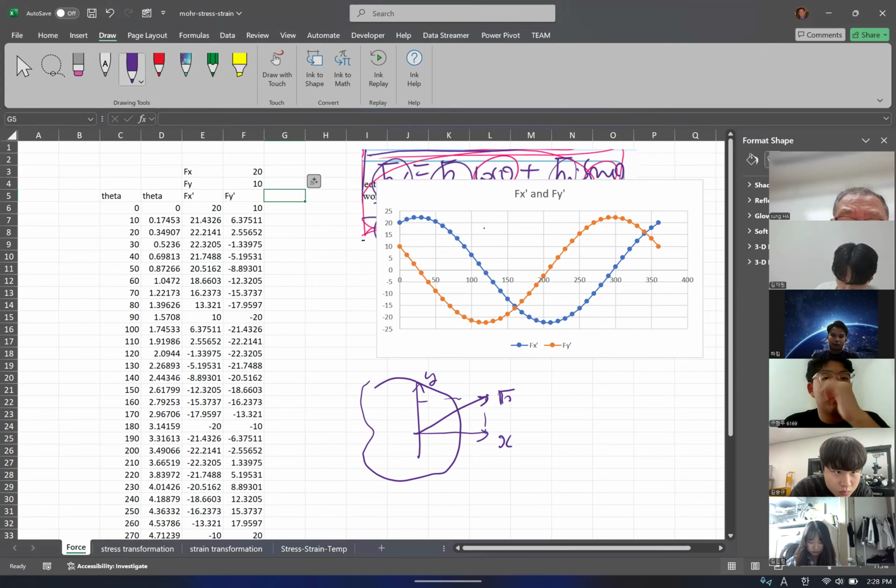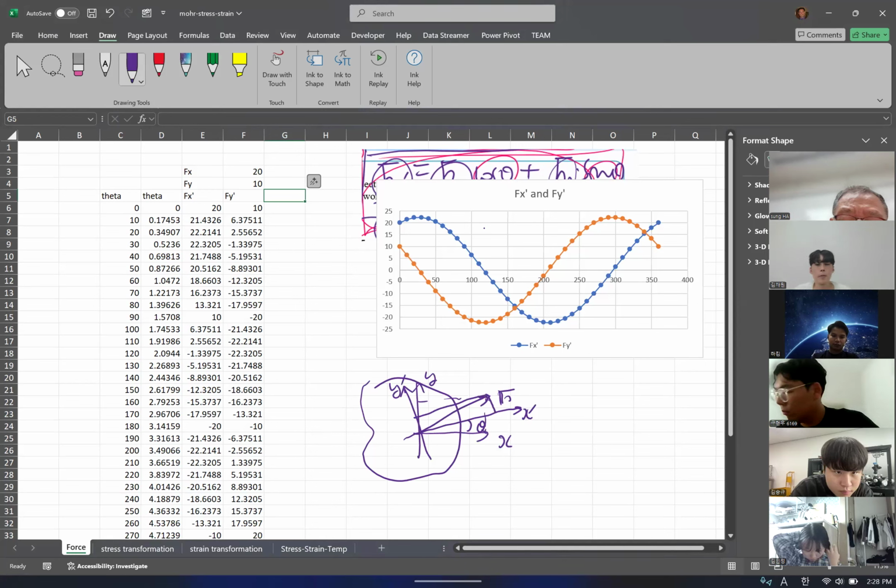What does it mean? It means that if we have another coordinate system like that, this is x prime and y prime, and this is theta. The force transformation means that we will have a new component for this newly defined coordinate system. So this much will be Fx prime and this much will be Fy prime.